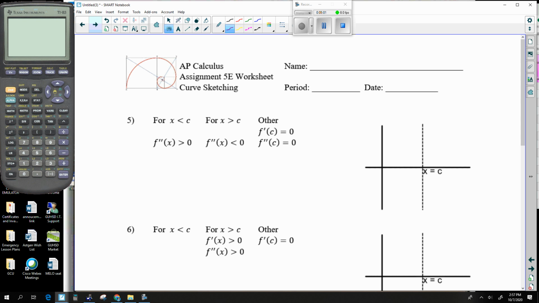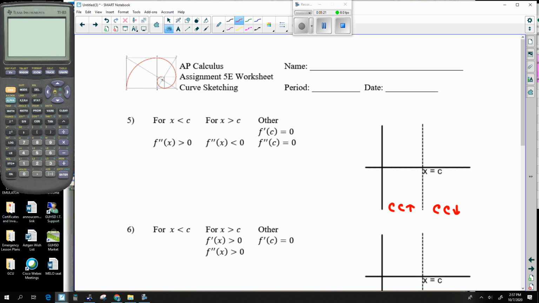Here they get a little bit more tricky, I guess. So the left-hand side, I see that the second derivative is positive, so it's concave up over here. Right-hand side is concave down.